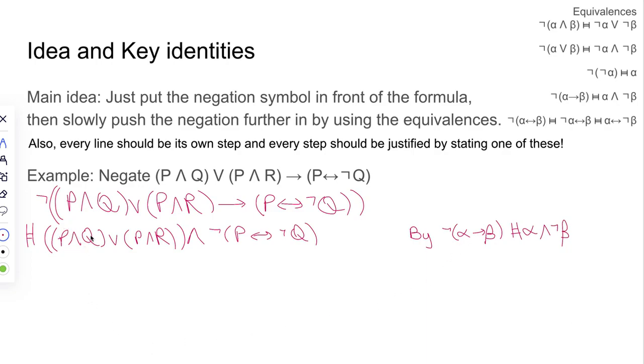Okay, so when we look here, we still have this negation. This negation is not applied to just an atomic variable. So we have to push this negation further in. So the rest of this formula is just going to be copied over as is.